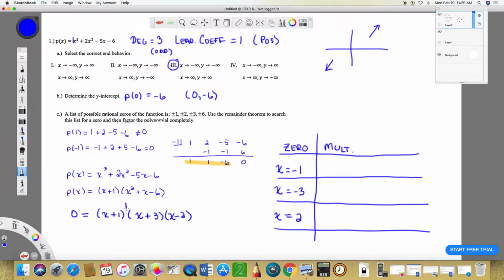The multiplicity of each factor is 1. Since those are all odd numbers, we know how the graph intersects the x-axis is that it crosses over it.